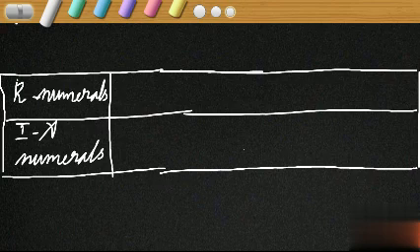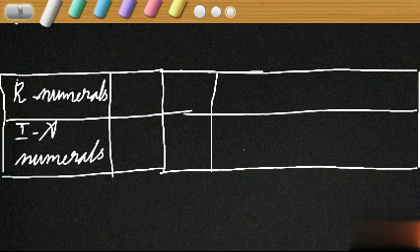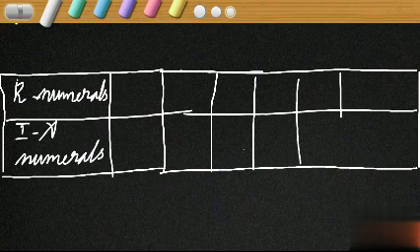And let's mark the numbers one by one. So, after this first box, we need 7 more boxes. 7 smaller boxes are needed. 1, 2, 3, 4, 5, 6, 7.